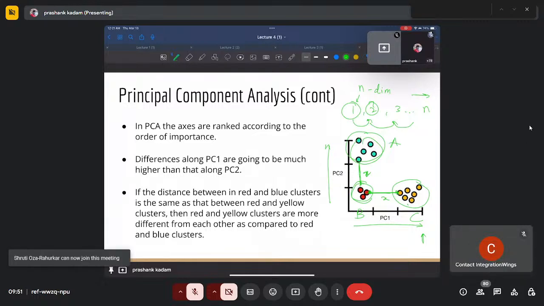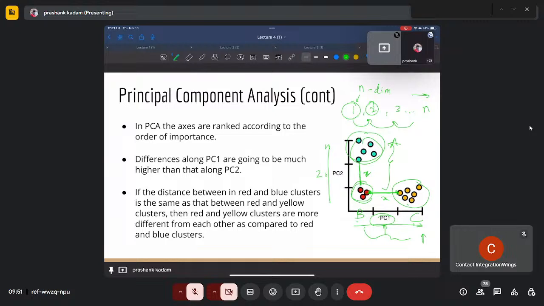But what this means is that principal component one explains more variance or variability in the data. It means that B and C are much more dissimilar to each other than A and B. Because A and B lie on the second principal component that explains less variance, and principal component one explains more variance.